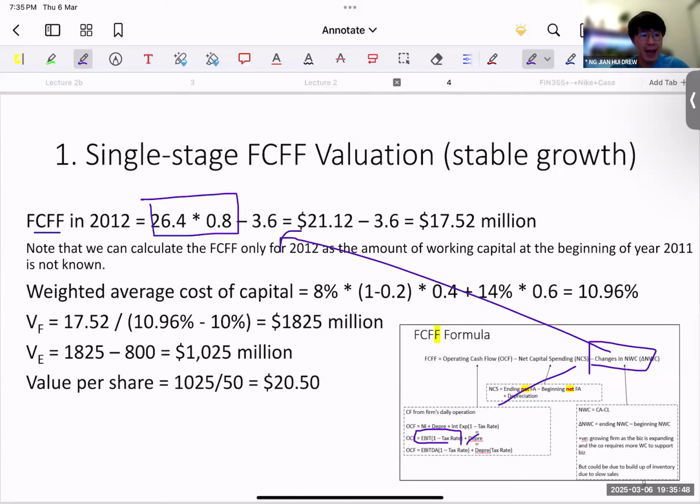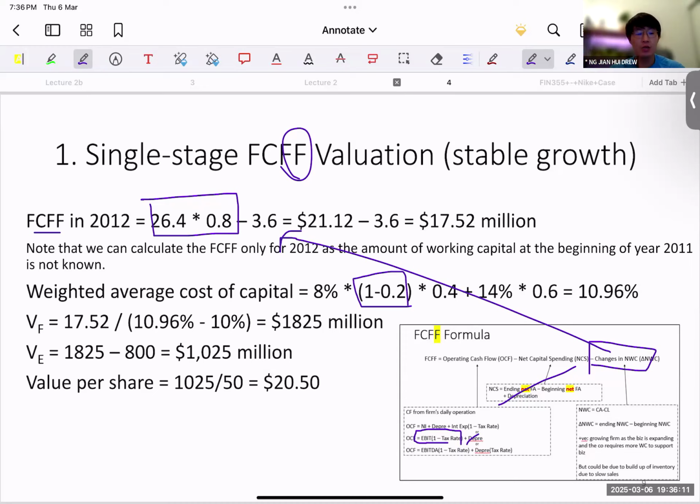Once I determine my FCFF, I can calculate my weighted average cost of capital, because we're valuing the firm, so we need to calculate a WACC. Please consider the tax shielding effect of your cost of debt.